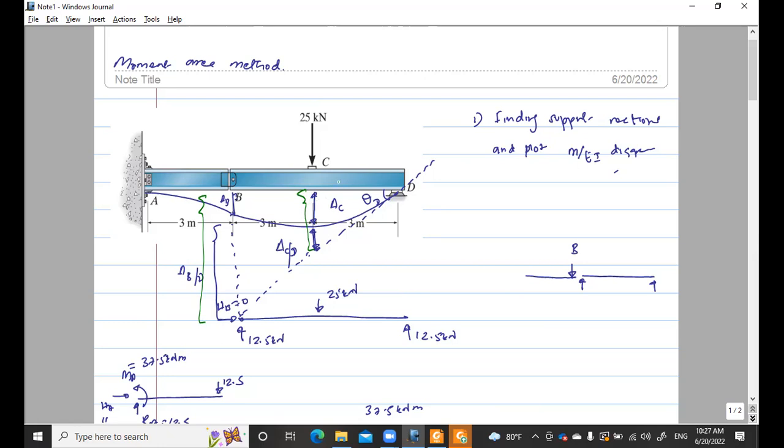So when we meet in the afternoon, I'll introduce you to the conjugate beam method, and let us redo this same problem with the conjugate method and see how easy it is to use.